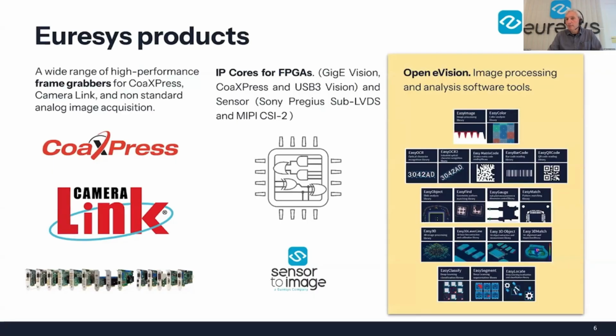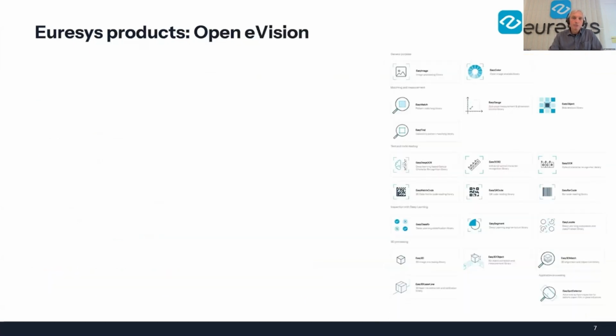Open eVision is an image processing and analysis software tool. So it's a set of software libraries that you can use in your own application to perform machine vision tasks. So what is it about? Open eVision is, as I said, a set of 20 different libraries covering very different topics useful for machine vision applications.